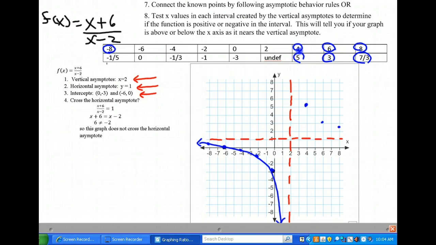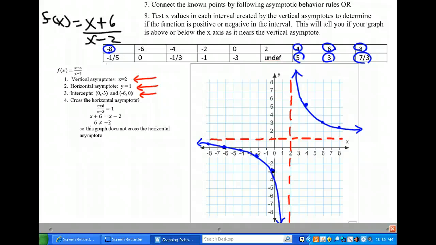And you can certainly see the behavior of this if I try to connect the dots. Of course, it goes on forever in that direction. You'll notice that it will get closer and closer to the asymptote x equals 2, and that's the vertical asymptote, and it'll get closer and closer to the horizontal asymptote at y equals 1, but of course it'll never reach there.